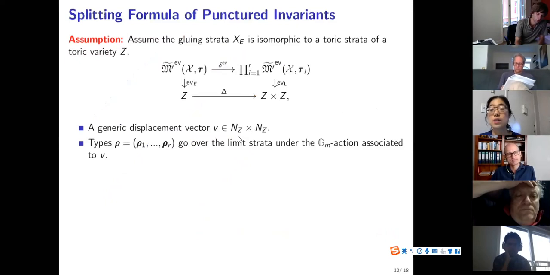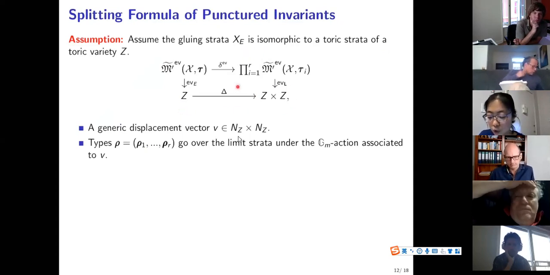Yeah, so this is the splitting formula of the punctured invariants that is probably the main result I'm going to present today. And the assumption is the gluing strata is isomorphic to a toric strata of a toric variety. And it's basically the same as assuming that we're gluing along a toric variety with the toric log structure.